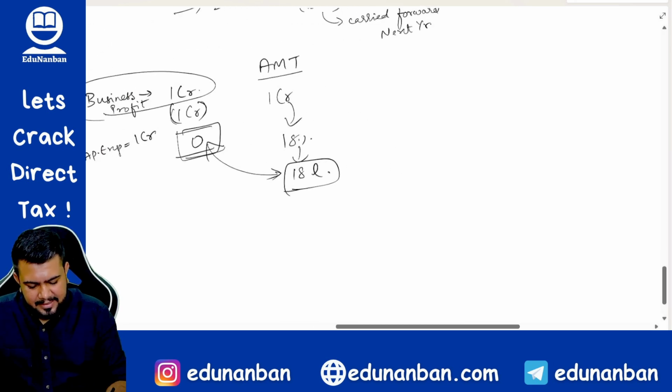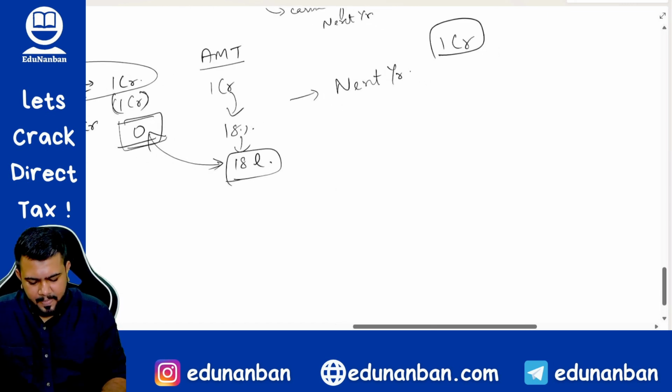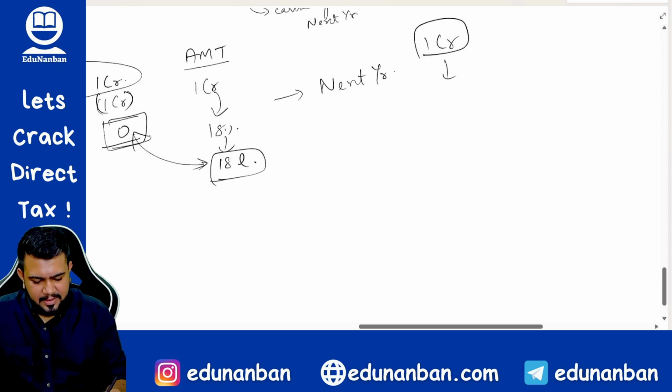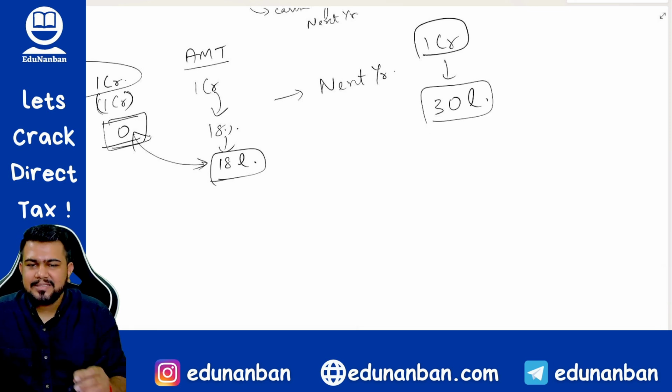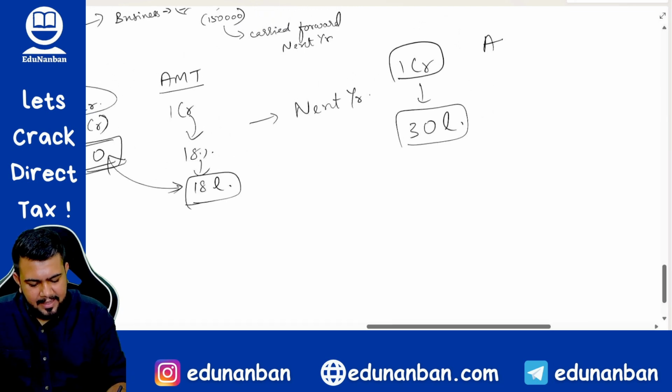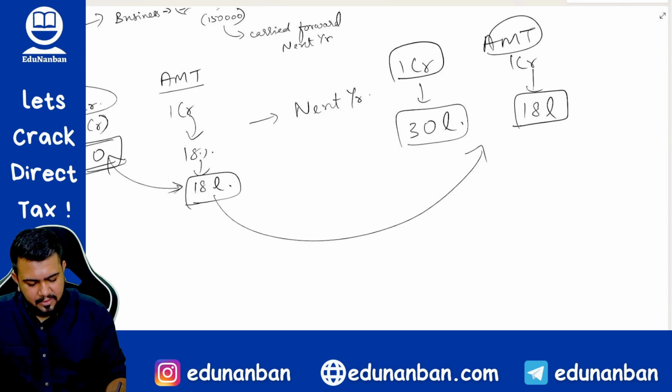Let's say in the next year there is a profit of again 1 crore, and this time there is no deduction. Then the tax will come as 30 lakhs. For simplicity sake, we are assuming it as 30 lakhs, and then AMT on 1 crore will be 18 lakhs. So this 18 lakhs is there, no?